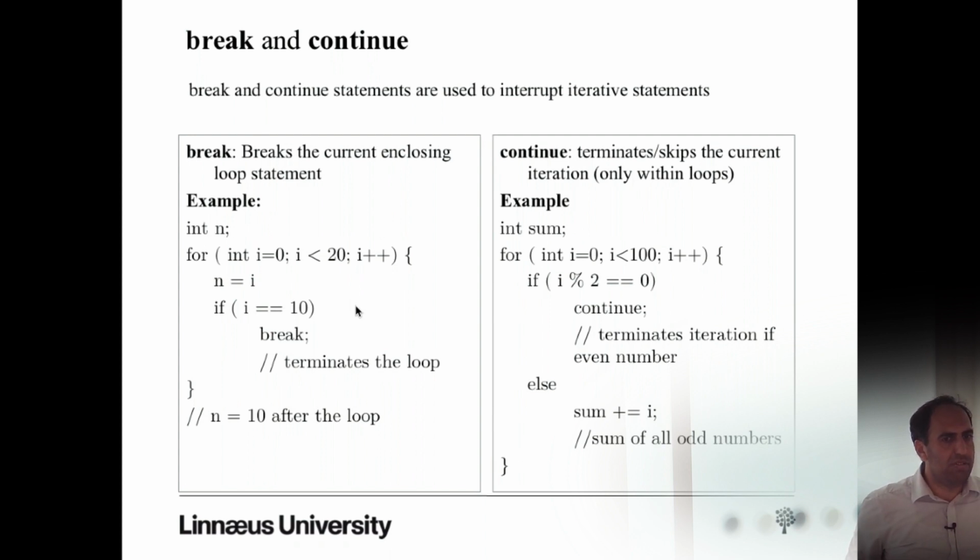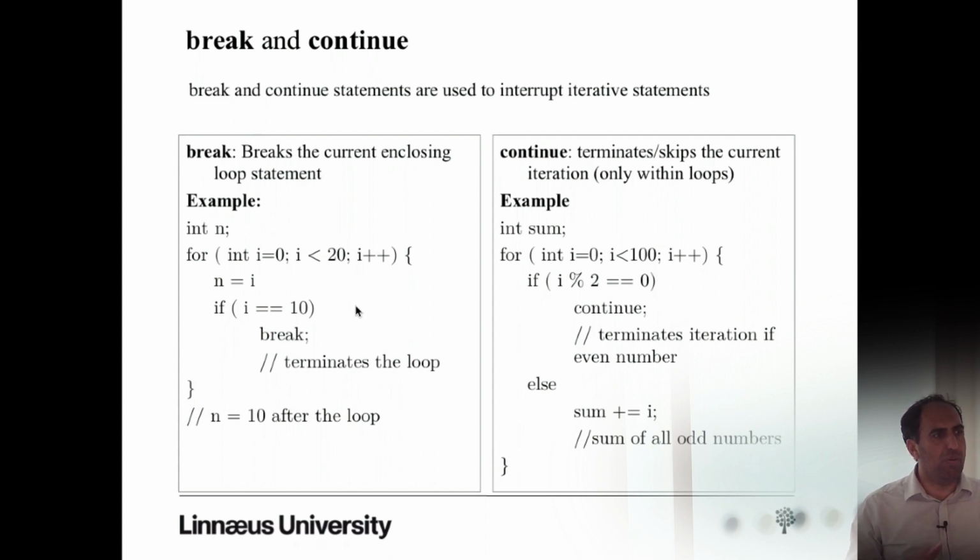But sometimes you want to skip the current execution but not the whole loop. If you want to skip the current execution of the loop, then you use the continue statement. All the statements that follow the continue statement within the loop will be skipped, but your loop will still remain in process. So that's the difference between continue and the break statement.